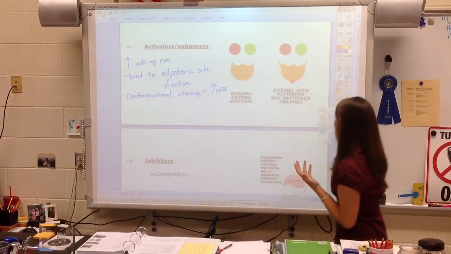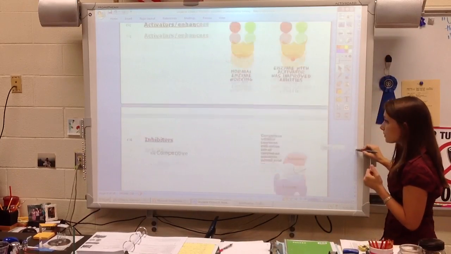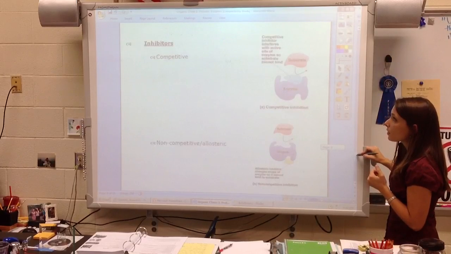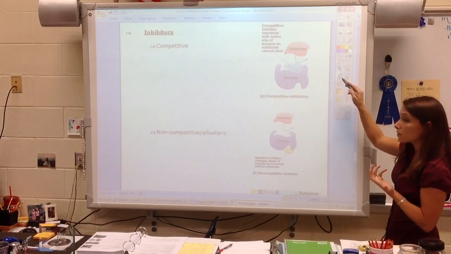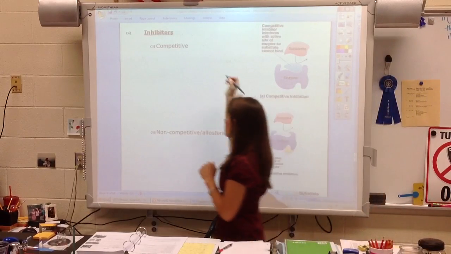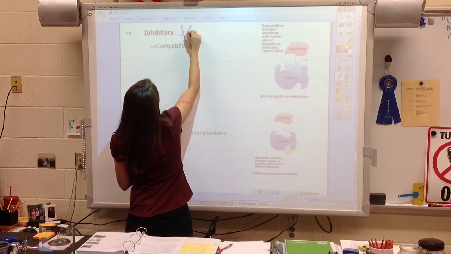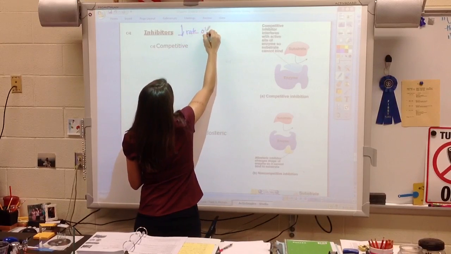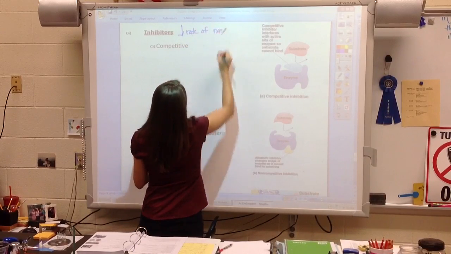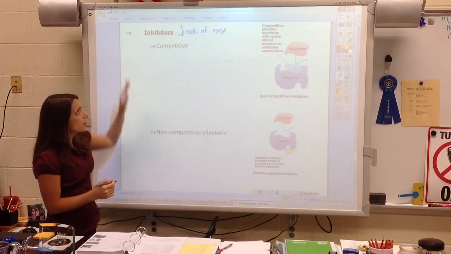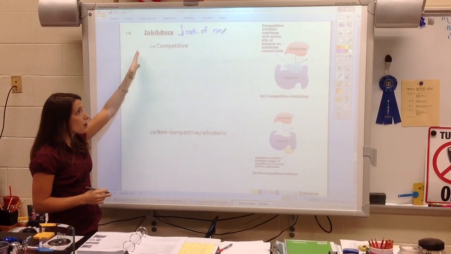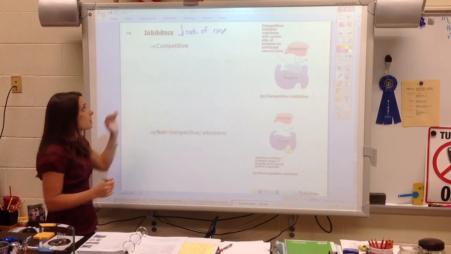And so, of course, vice versa can happen. We can actually have molecules that act as inhibitors. Inhibitors are going to decrease the rate of the reaction. And there are two types of inhibitors. The first are called competitive inhibitors.